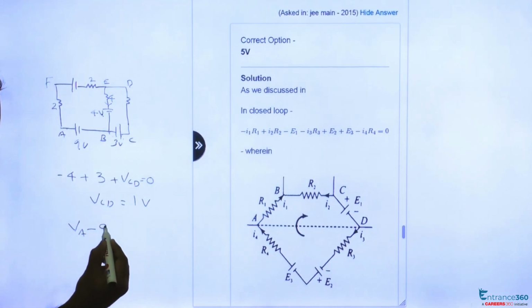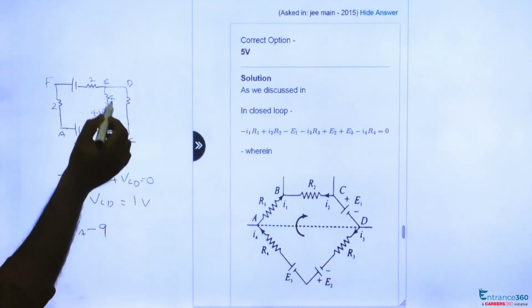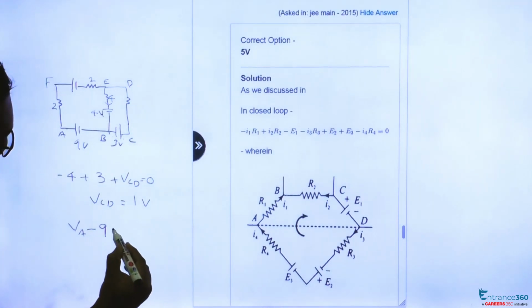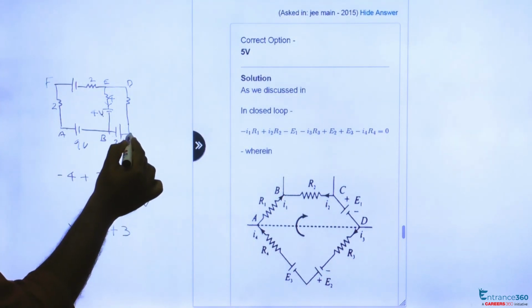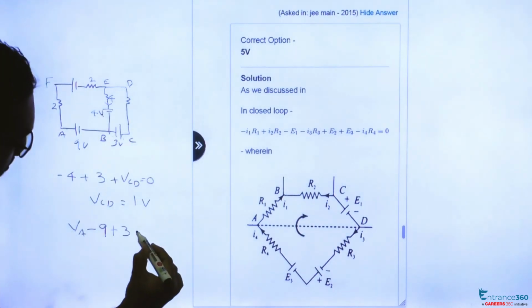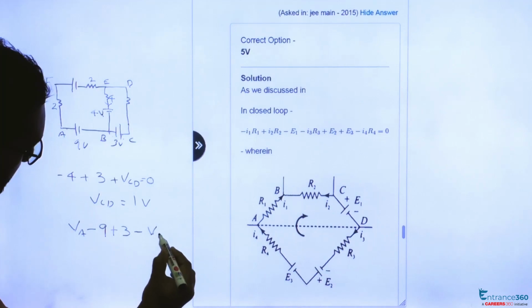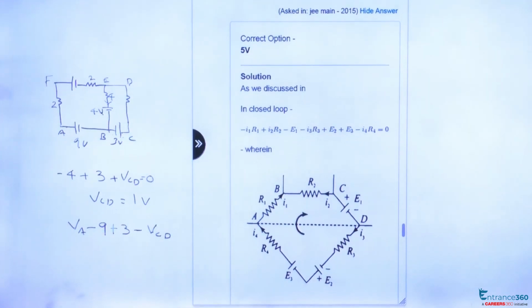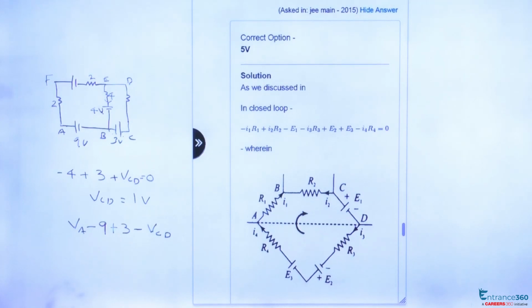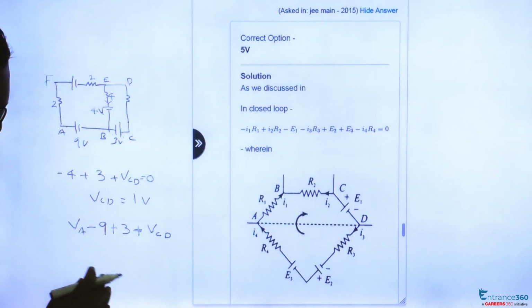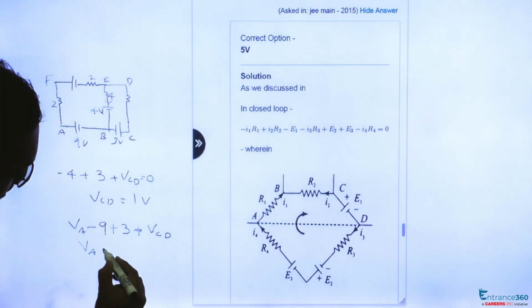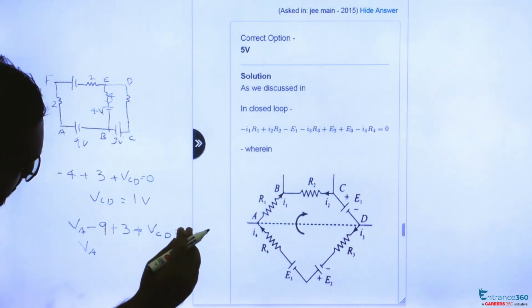VA minus 9 volt, we are going in this direction, there is no current in this branch, then plus 3 volt, and VCD. We have found the value of VCD, which is 1 volt, so it is plus VCD, not minus.